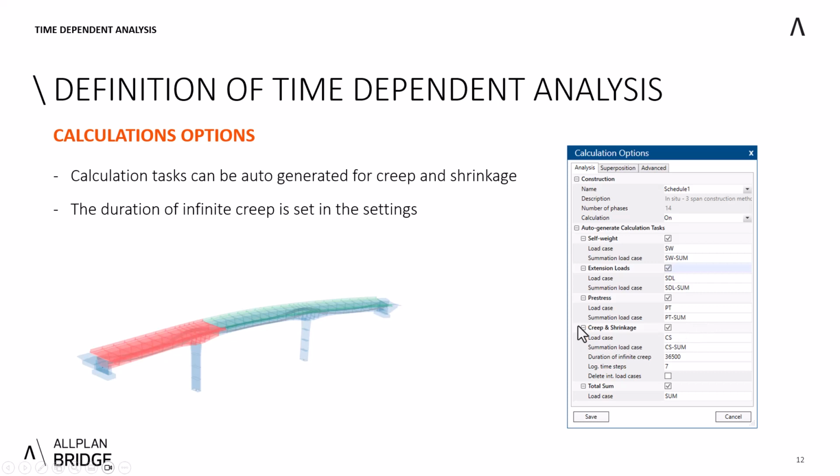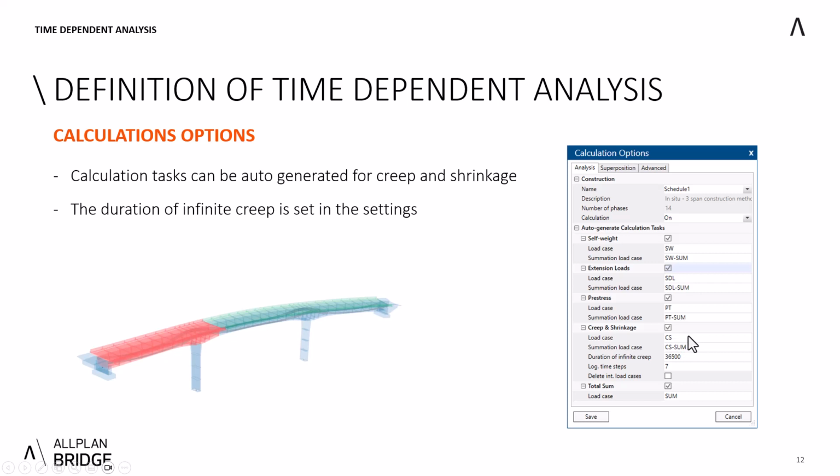So for example, if we take a look at creep and shrinkage, this means that we will have a load case called CS, which basically stands for creep shrinkage, but it also includes the relaxation effects if we have them calculated. And of course, a summation load case when, for example, a relevant event happens, like we activate a stage, we get a new creep step, we will have another load case at this point in time.